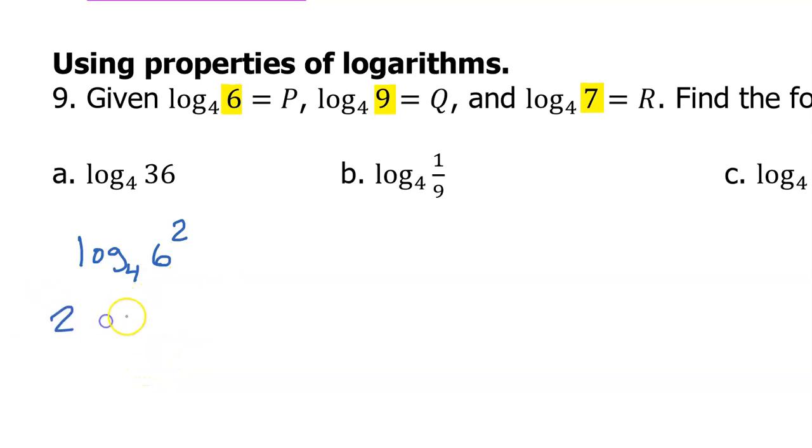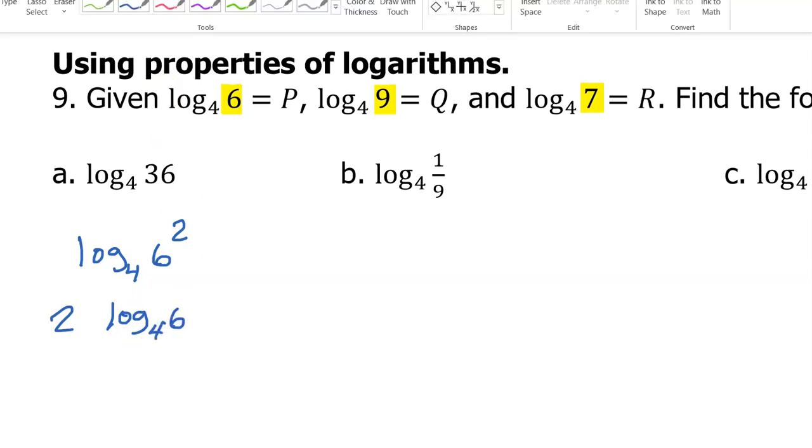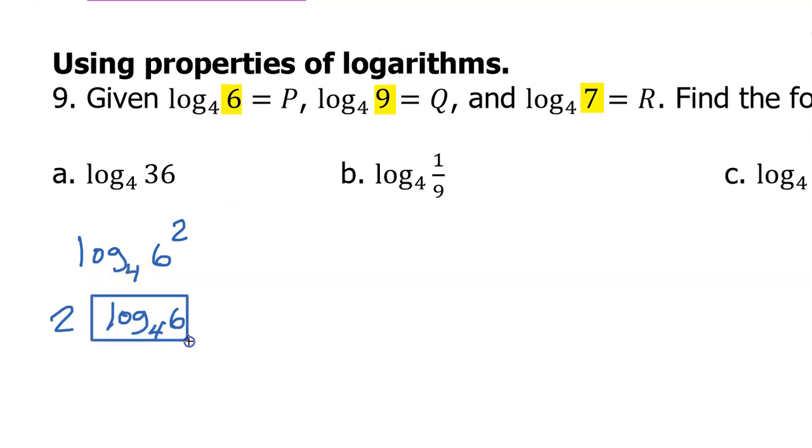So now I have 2 times the log base 4 of 6. But remember, the log base 4 of 6, that is p. So I can replace the log base 4 of 6 with the letter p. So the final answer here would be 2p.